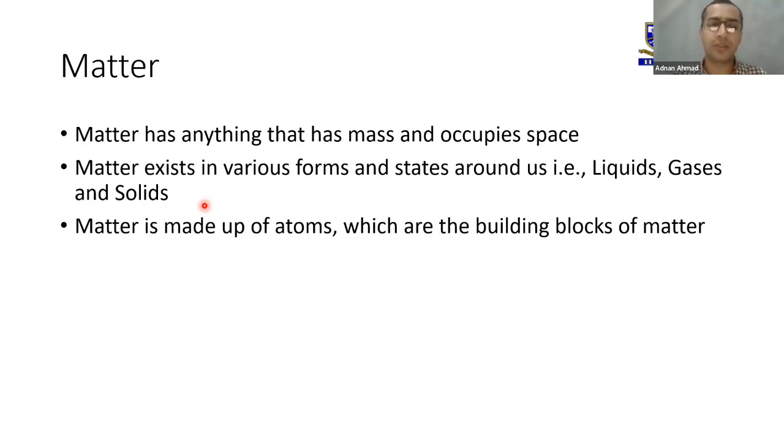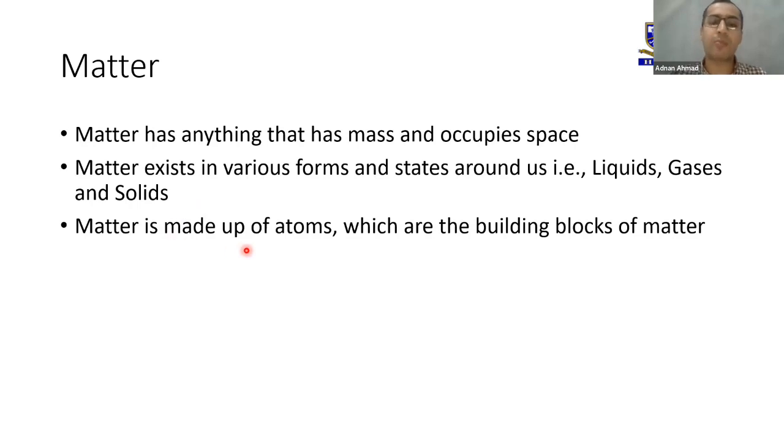So we have three main states of matter. In fact, four. The fourth one is plasma. A good example would be fire or the state of the sun, right? In the sun, we have another state of matter, which we call plasma, in which the atoms are in ionic form.